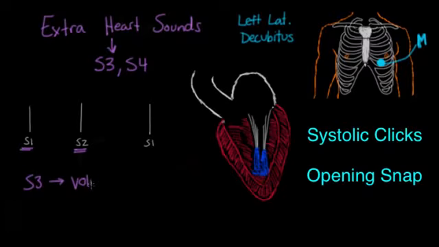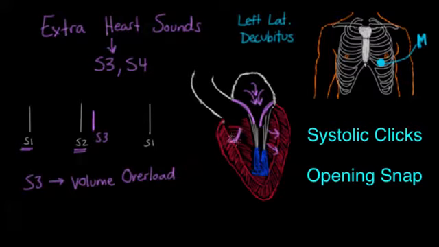Well, S3 is classically a volume overload condition. And so you hear this in early diastole, so around here, and this occurs during the rapid filling phase during diastole that we talked about before. And so in this rapid phase, if you have too much blood, too much volume, this ventricle is going to fill up really quickly.